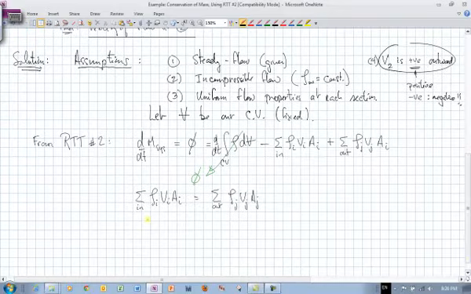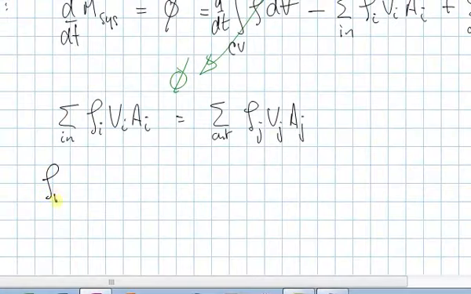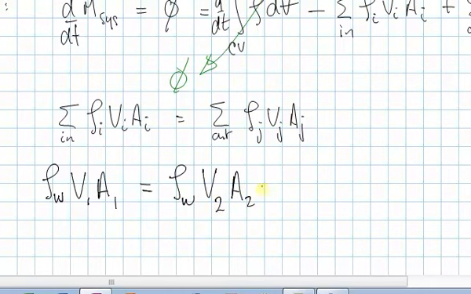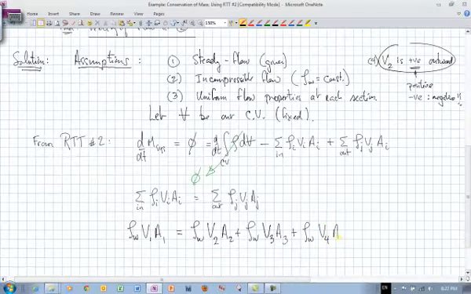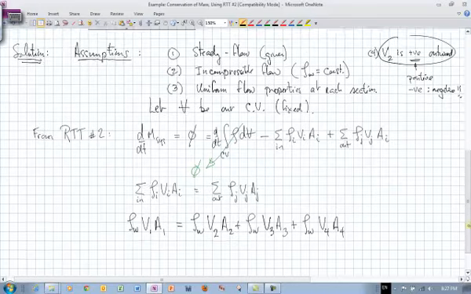All the densities are constant, equal to rho_W. So V1 A1 for the inlet is equal to the outlets: rho_W V2 A2 plus rho_W V3 A3 plus rho_W V4 A4. The leak, we're told, is outward.